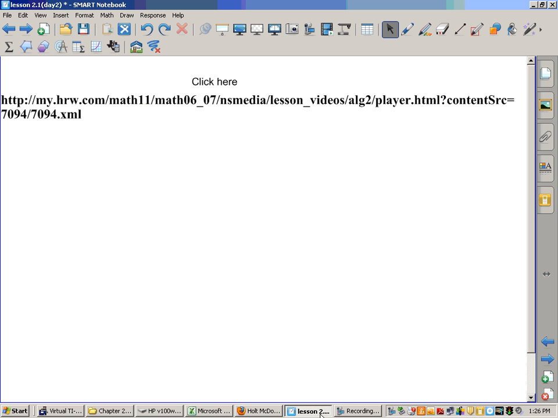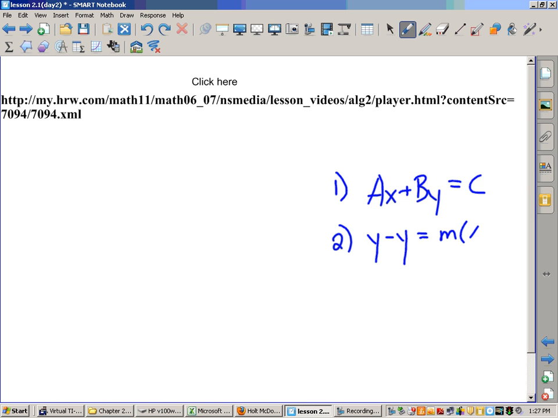Go ahead and write that formula down. And what's our last one? Slope intercept.